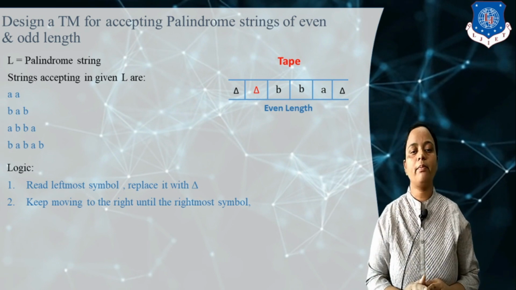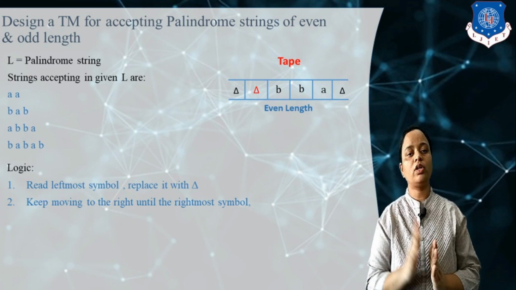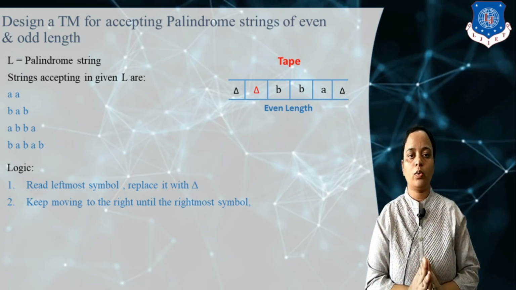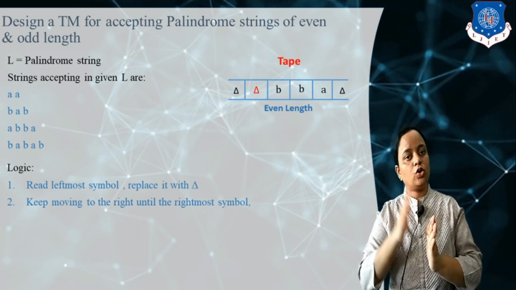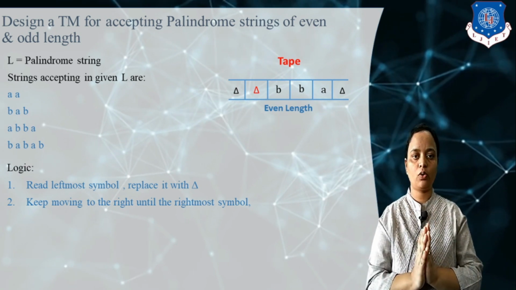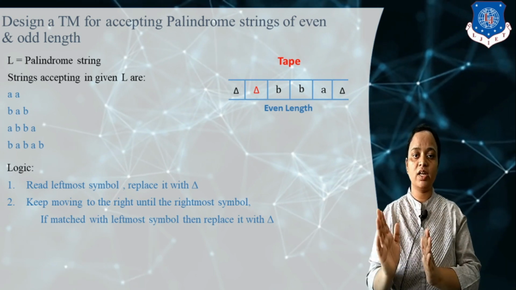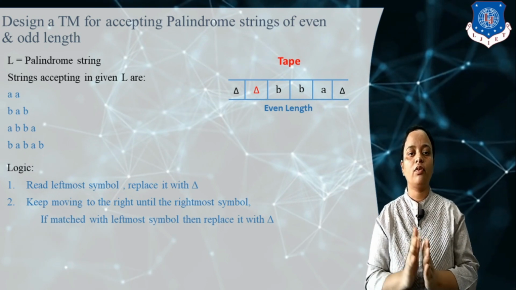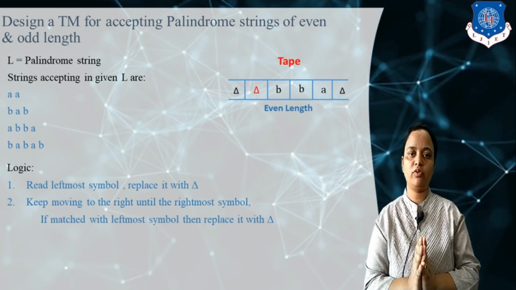Now step number 2 says that after replacing it, move the tape head to the right until we reach the rightmost symbol. If the rightmost symbol matches the replaced character, then we can move to step number 3.